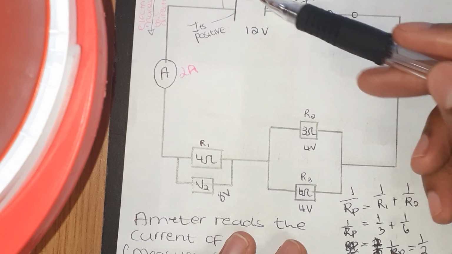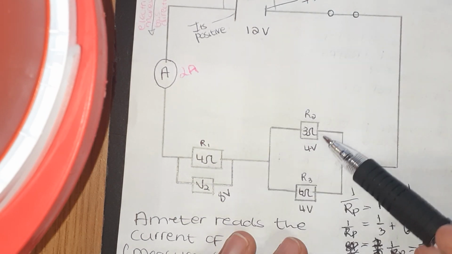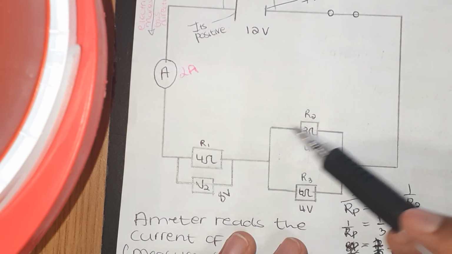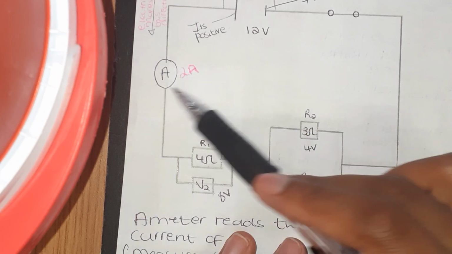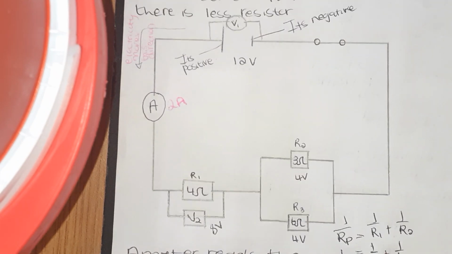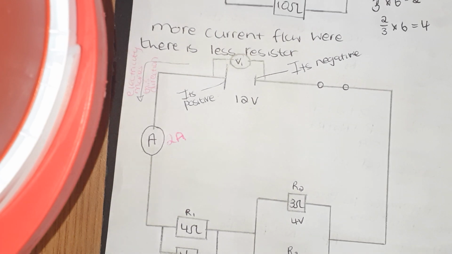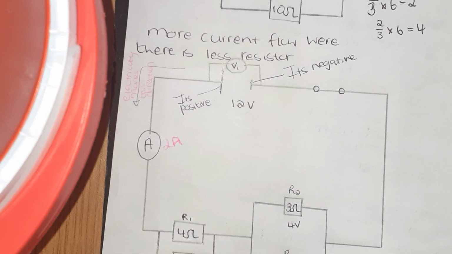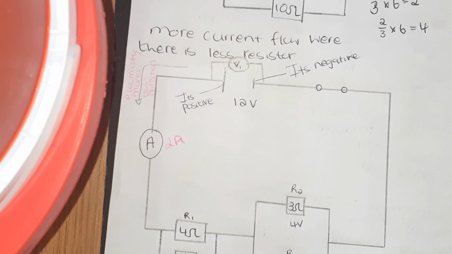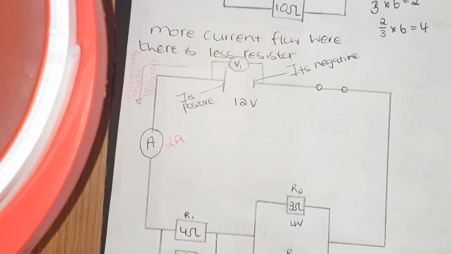If you want this one they didn't give you, you are going to calculate all of this resistance and then times by the ammeter, and then it gives you the voltage. I hope you understand all that I am trying to enlighten you on regarding electrical circuits.